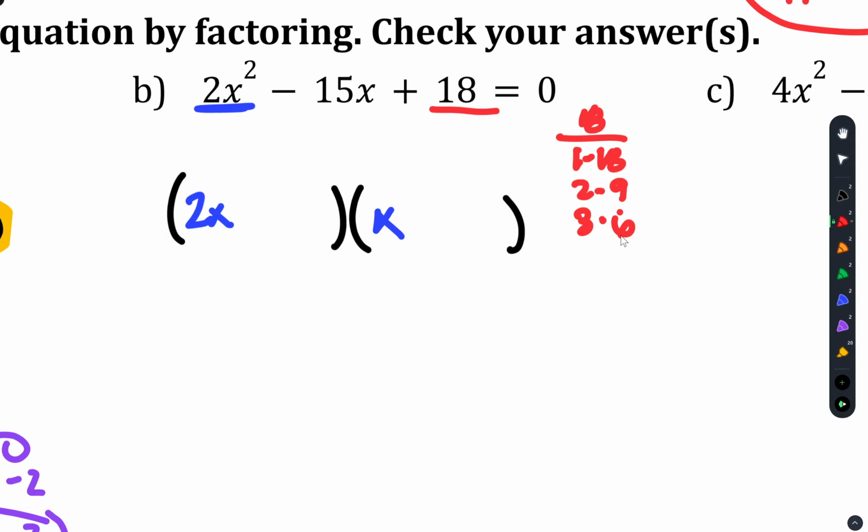And what am I going to use to get to 15? Am I missing something other than these signs? I can double check.